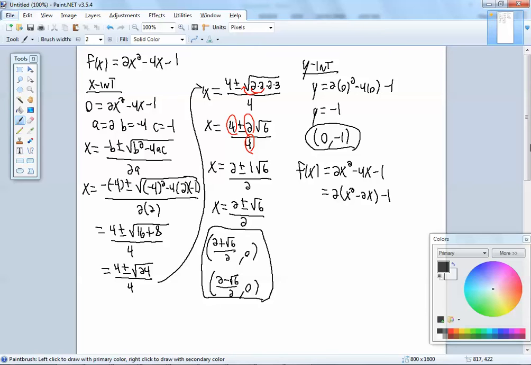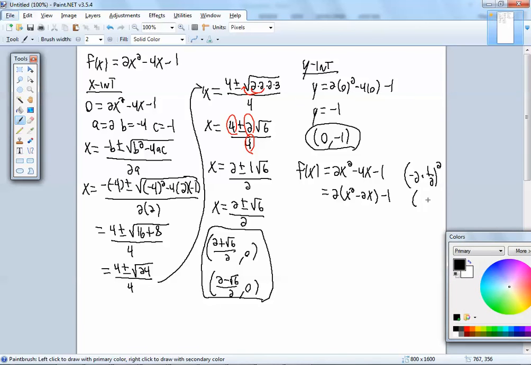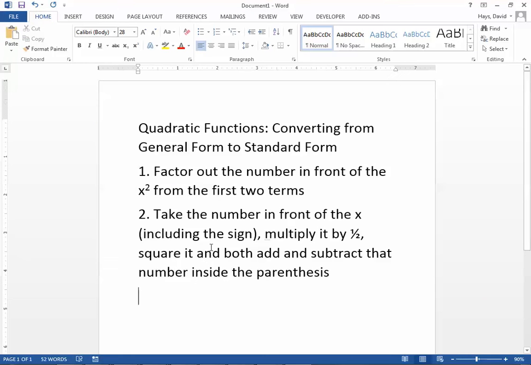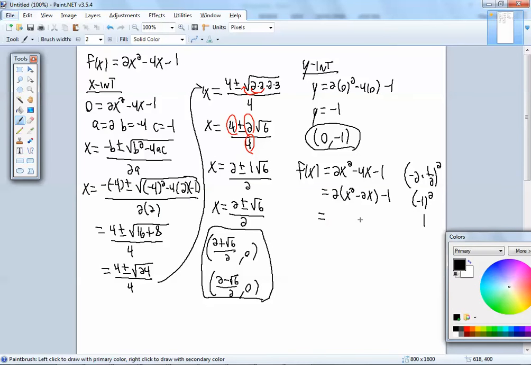Okay. Take the number in front of the x. Number in front of x is a negative 2. You multiply it times 1/2 and you square it. Negative 2 times 1/2 is negative 1, and negative 1 squared is a positive 1. And I said that you both add and subtract that number inside the parentheses.